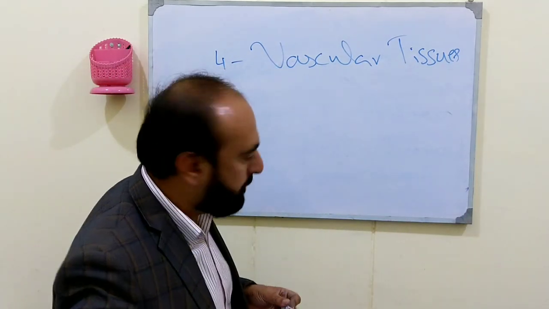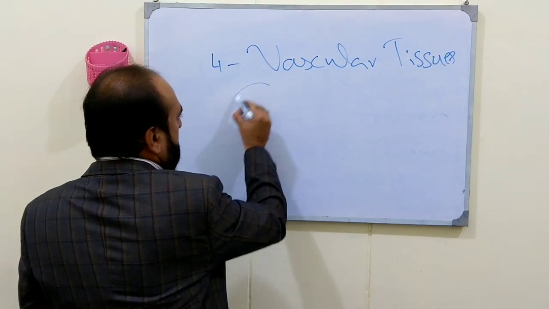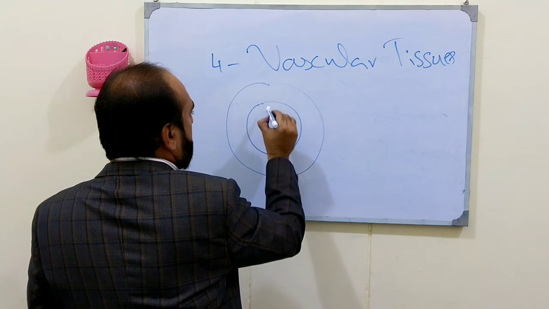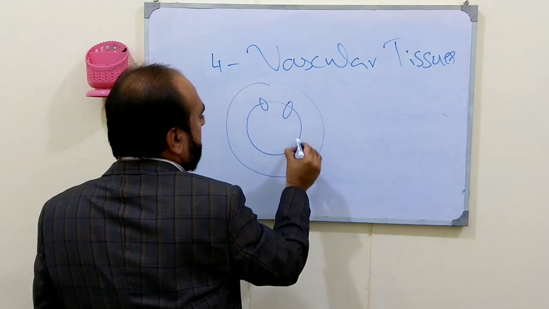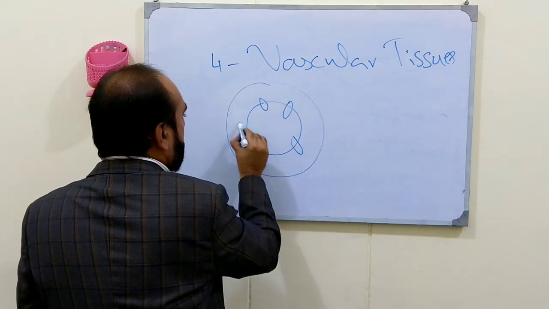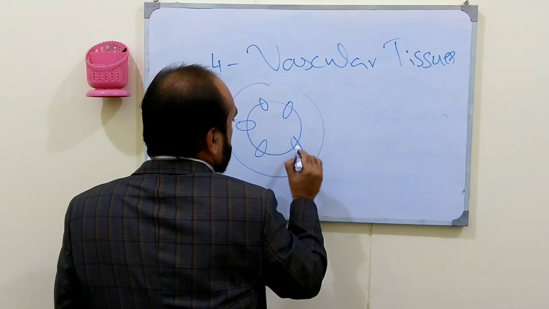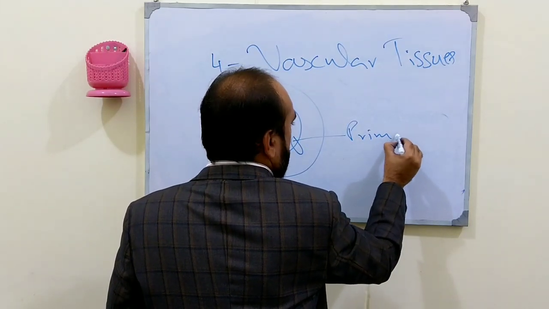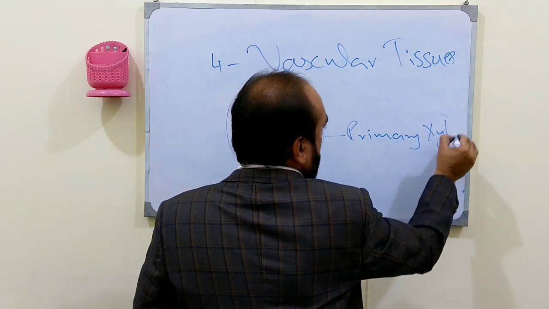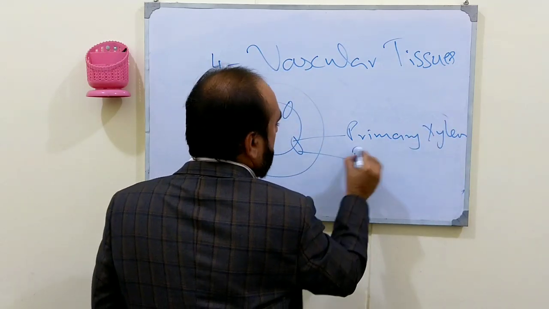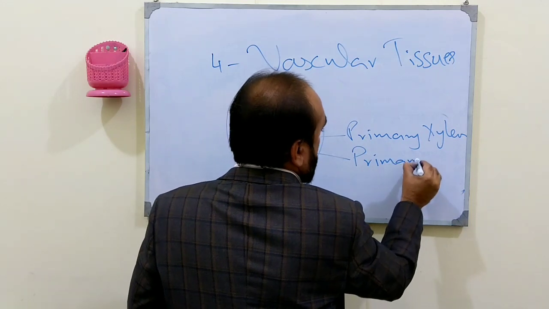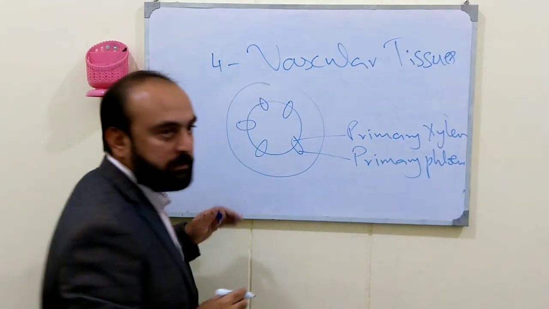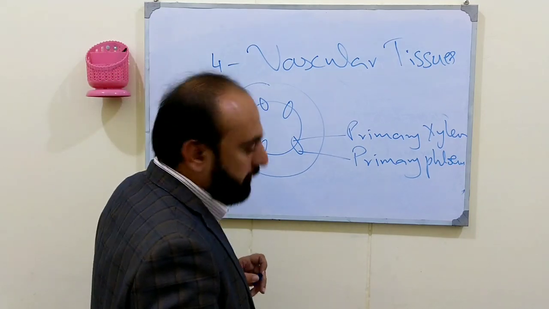In a dicot stem, the vascular bundle is present in the form of a ring. So this is primary xylem and this is primary phloem. They are present in the form of a ring.